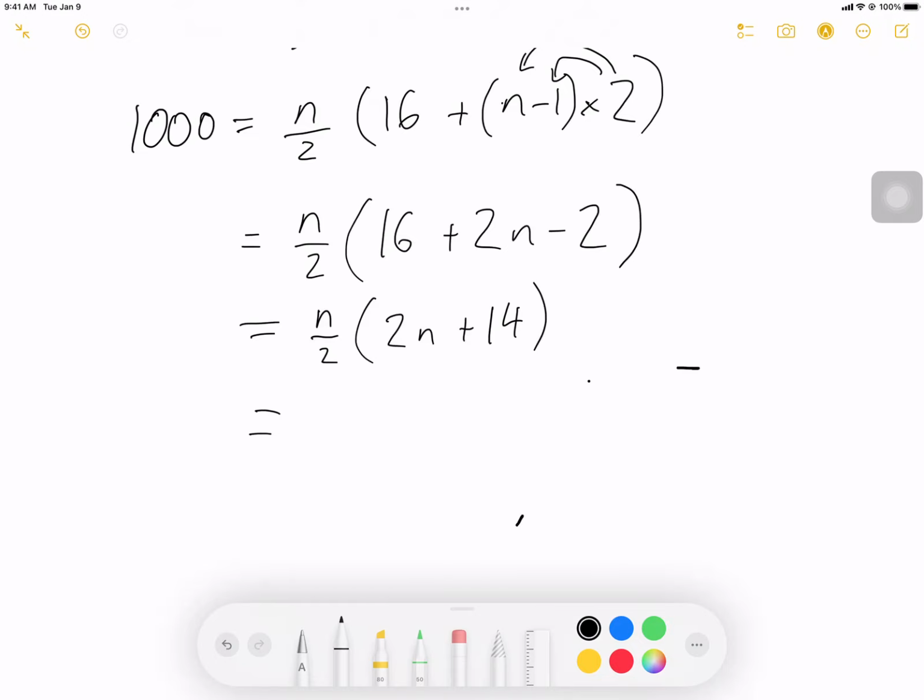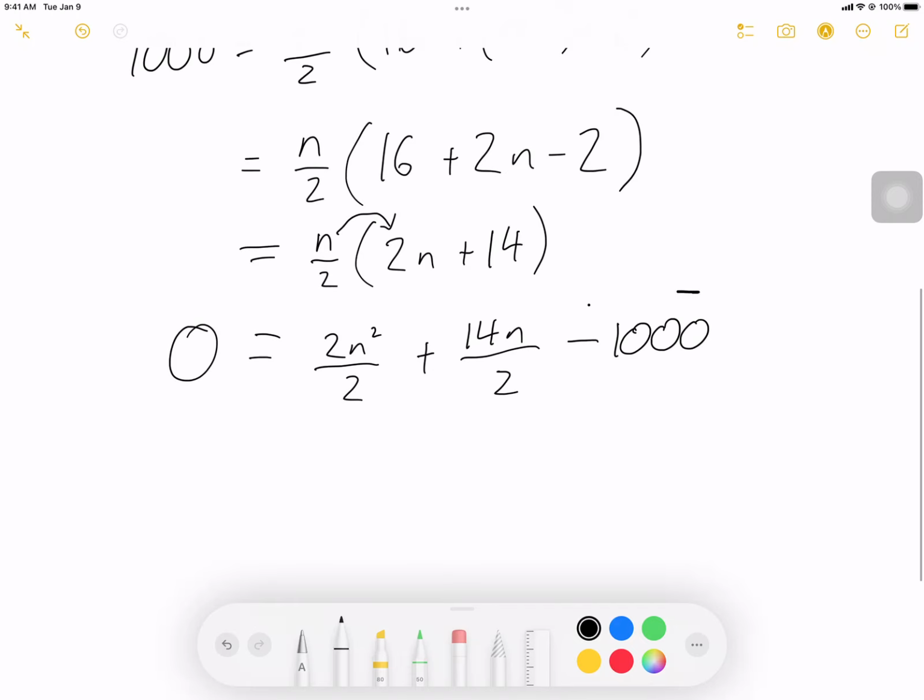Okay, so what have I got? I've got 2n squared over 2, when I multiply that in there, and then I've got plus 14n over 2. Now what I'm going to actually do, I'm going to bring that 1,000 across here, and make that equal to 0.